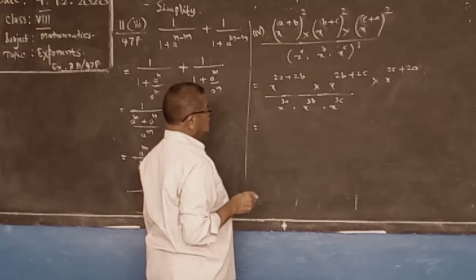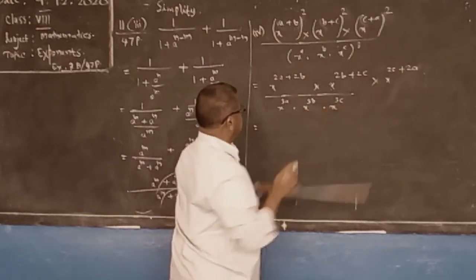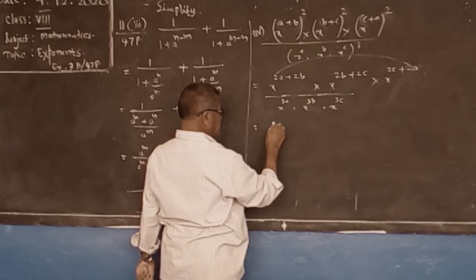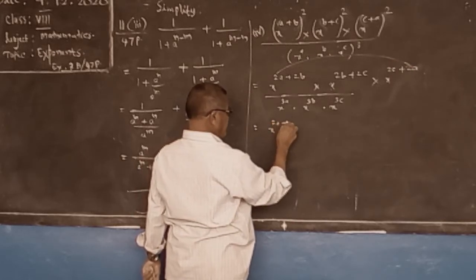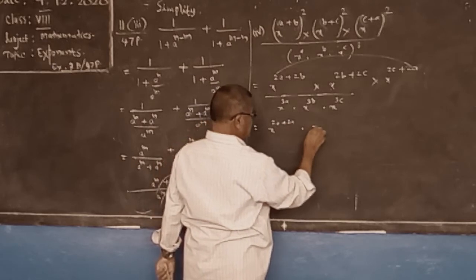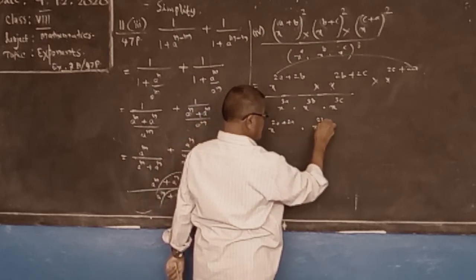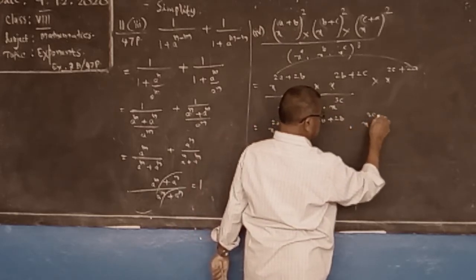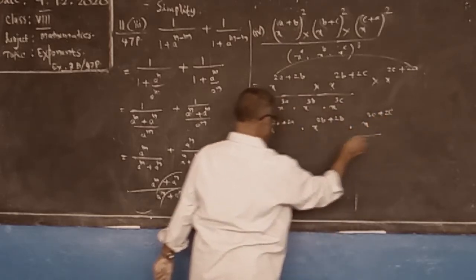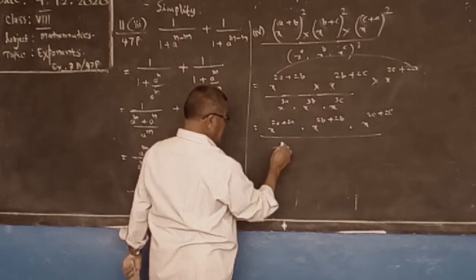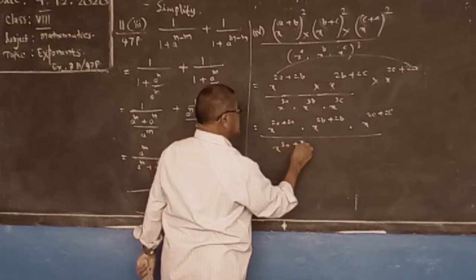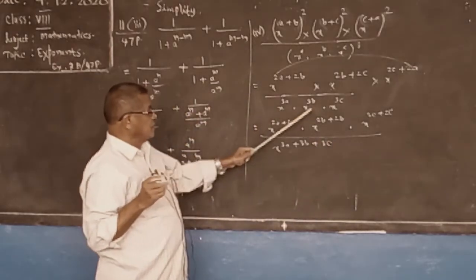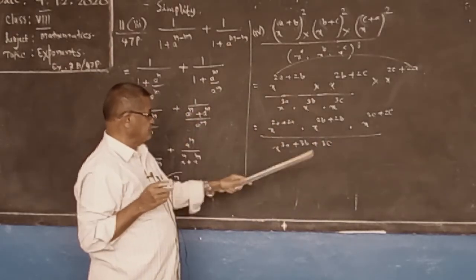Now 2a plus 2a, powers are added. X power 2a plus 2a is 4a, into x power 2b plus 2b, into x power 2c plus 2c, whole by x power 3a plus 3b plus 3c. Bases are same, powers will be added.